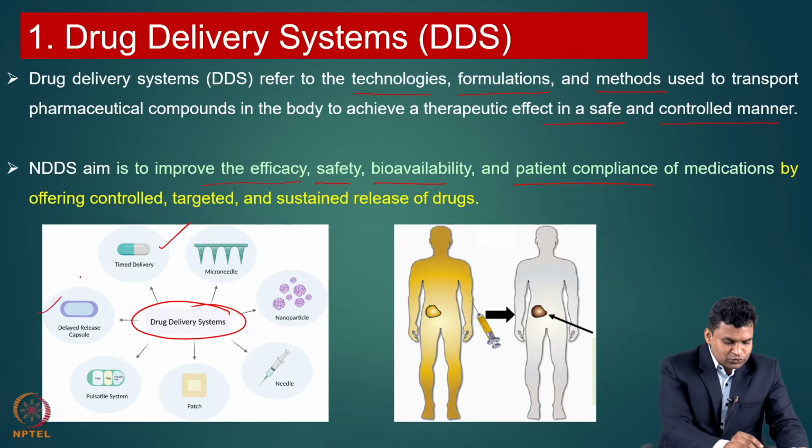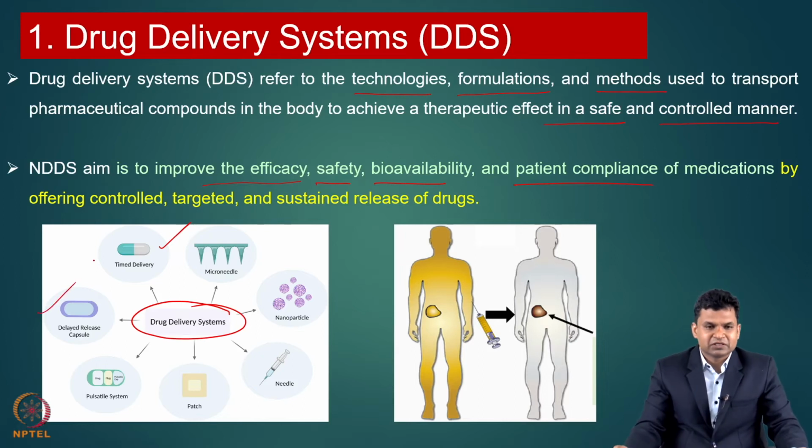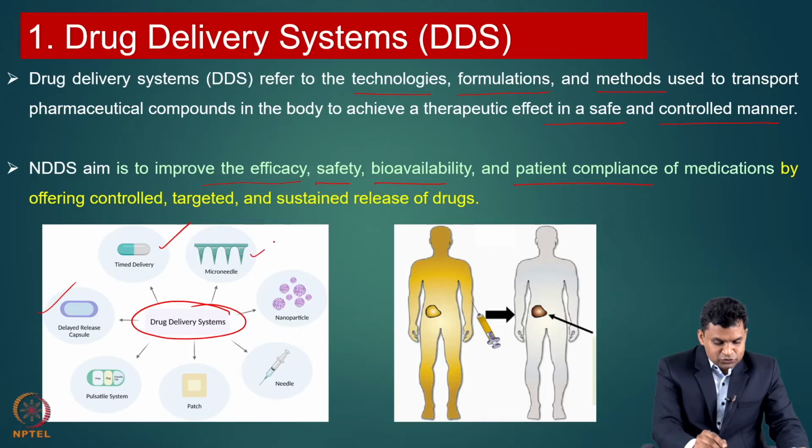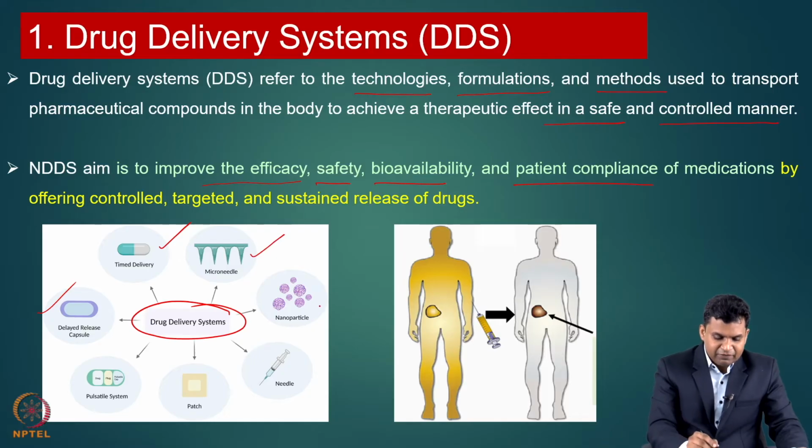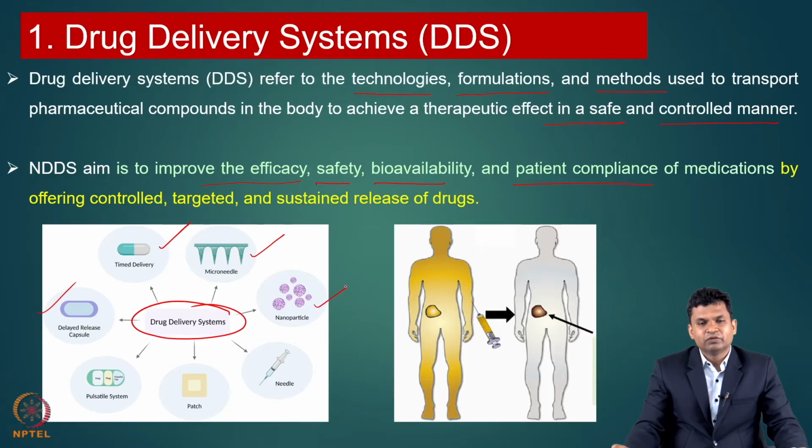We can also convert tablets as well as capsules by using various types of polymeric systems. We can also convert the drugs into microneedles to show target specific delivery. We can also convert drugs into nano formulations by using various nanotechnological approaches.